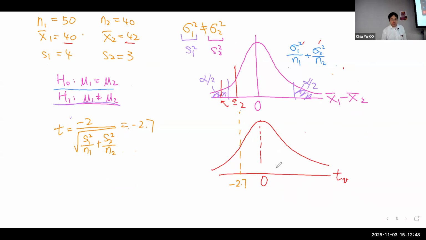Before we calculate this area on the left-hand side times 2 to get the p-value, we need to know what V is. If we don't know V, then we don't know which table to check. The V formula is super crazy, which I'm not going to copy.